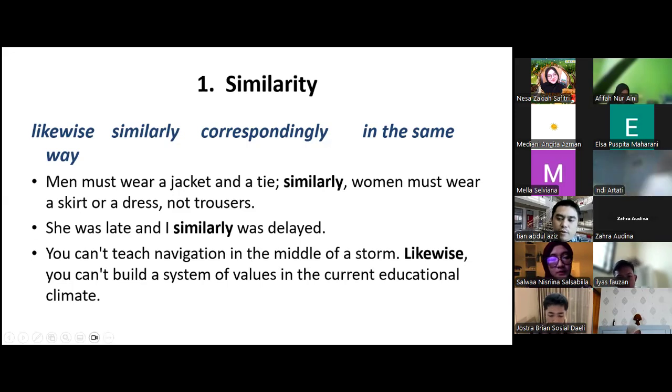In fact, if you do not use connectors, it's possible, but the flow of the sentence doesn't appear. The flow of the sentence is important to make the audience understand the things that you explain. So for the last sentence, you use likewise to indicate they are similar ideas. Okay, thank you, Zahra.